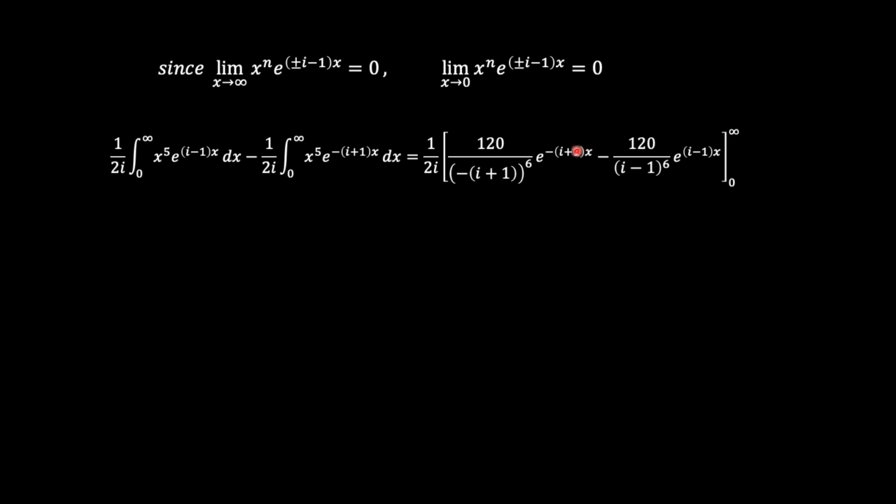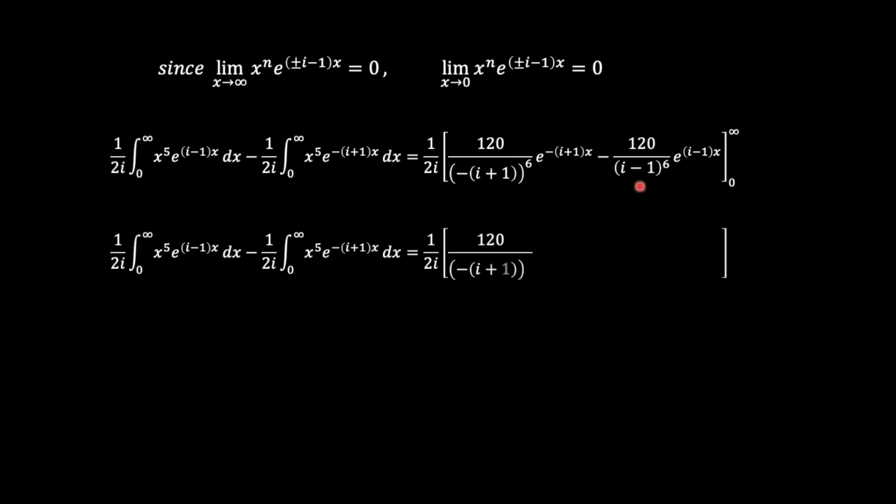As you can see, at the upper limit, as x tends to infinity, this tends to 0, this tends to 0. When x tends to 0, this e to the power component tends to 1, and so we are left with that. So essentially, our integral now becomes, since we're only taking into consideration the lower limit, we now have to flip this because of upper minus lower.